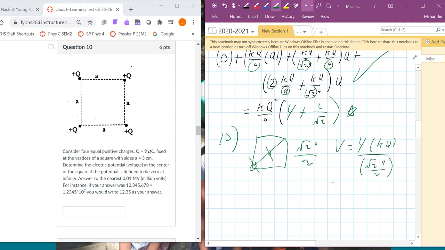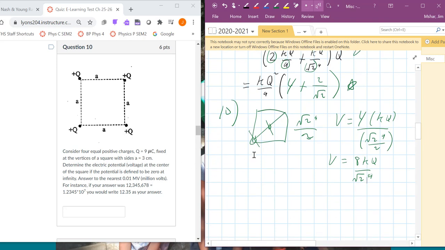Then I'll move that 2 to the numerator, and so you would get 8KQ over root 2A. Then you just plug in whatever value they give you for Q and for A in meters. So if A is 3 centimeters, that's 0.03 meters. And there you go. That would give you your right answer.